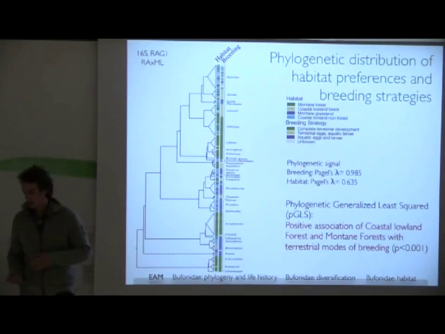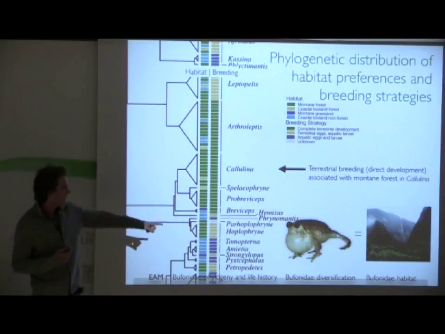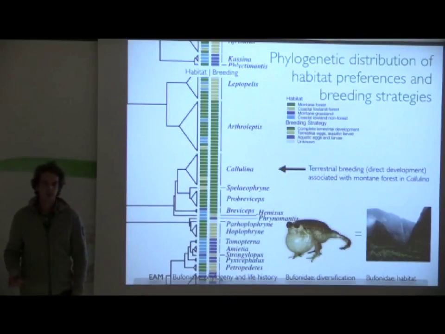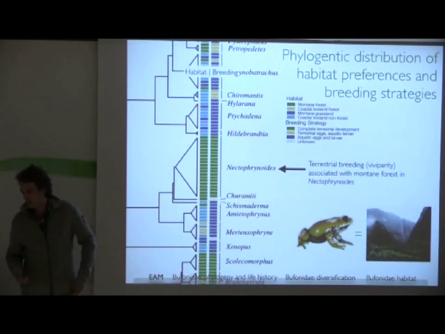And just kind of as an excuse to show you some of the weird and wonderful amphibians we got to work with, this is a Callulina, a direct developer that's almost exclusively found in montane forests. And similarly, these viviparous Nectophrynoides are again endemic to the Eastern Arc Mountains.